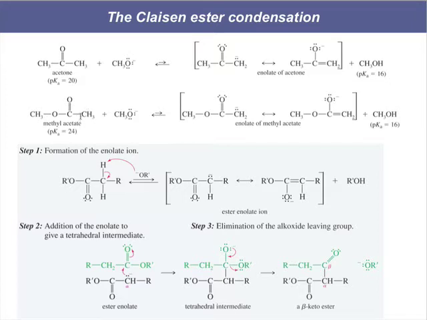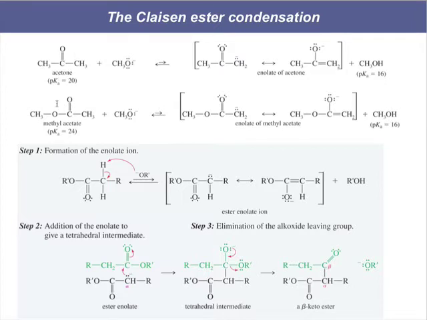So esters are a little bit less reactive at their alpha site, meaning that if we ever had an ester and an aldehyde or ketone in the presence of a base, it would be the ketone that's more likely to have its alpha carbon deprotonated, and therefore the ketone that's more likely to be the nucleophile.